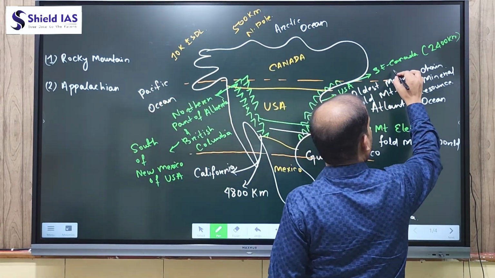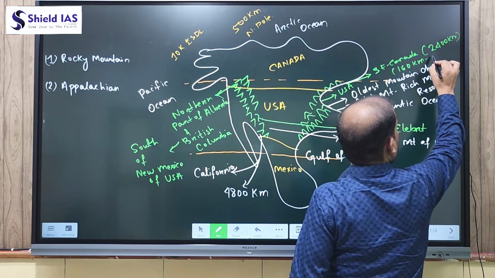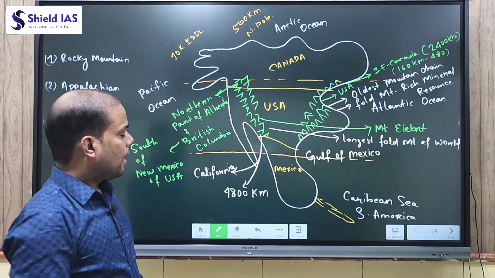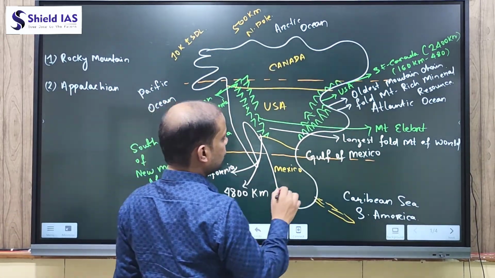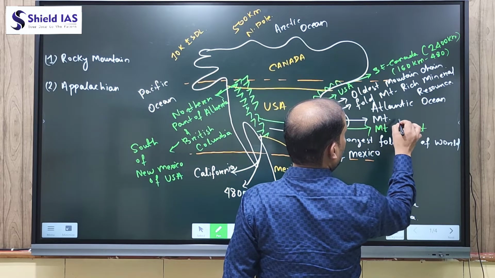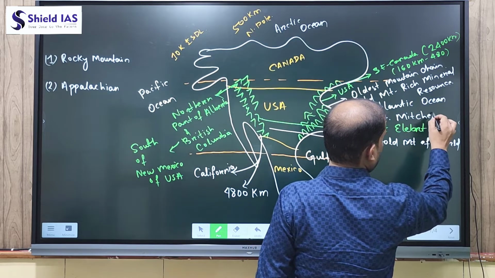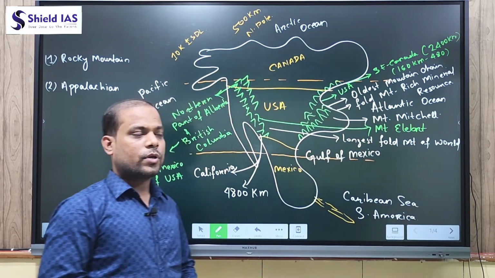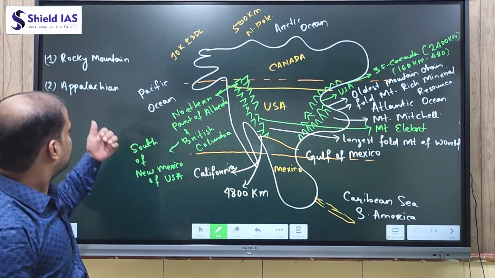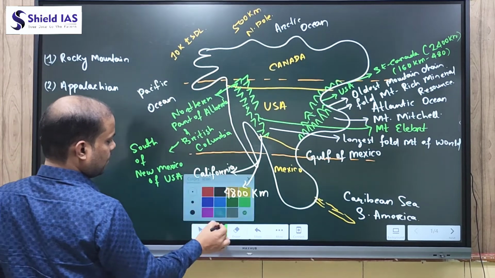Somewhere it is 160 kilometers and up to 480 kilometers, and the highest peak in this region is Mount Mitchell. So these are some important information which are relevant from an exam point of view. So first we have seen the Rocky Mountain, and second the Appalachian Mountain.